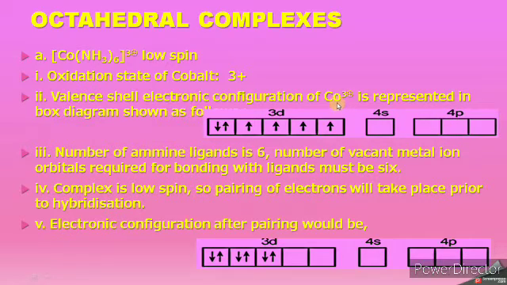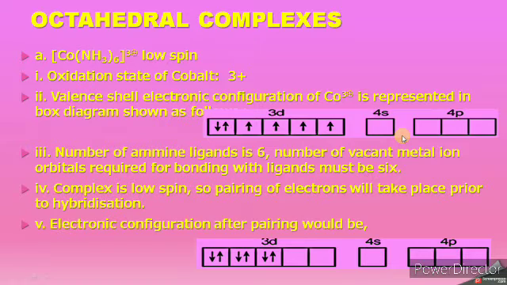So this is the electronic configuration of cobalt ion. Before this write down argon. Then the number of ammine ligands is equal to 6. Therefore the number of vacant metal ion orbitals required for bonding with these ligands must be 6. But if you observe this electronic configuration, there are only 4 vacant orbitals.